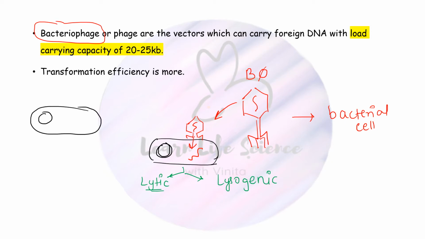For example, it replicates its genome, it transcribes, it translates its genome and expresses the proteins which are involved in synthesis of the infectious particle material. There is formation of head, there is formation of stalk, there is formation of tail, and all the packaging of viral material is done completely.